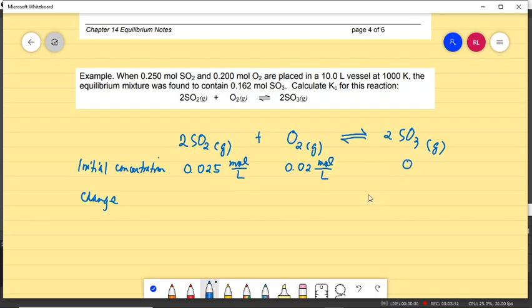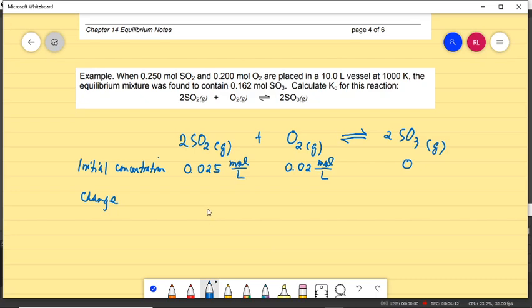Now, how about the change? We don't know yet how much of the sulfur dioxide and oxygen gas are consumed prior to equilibrium.